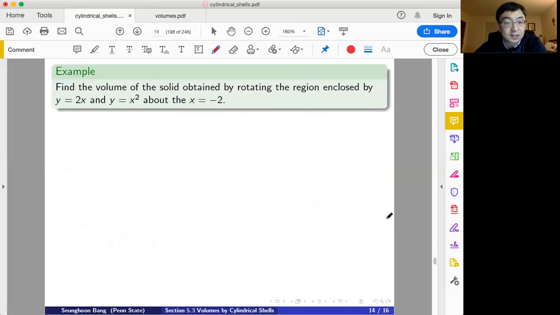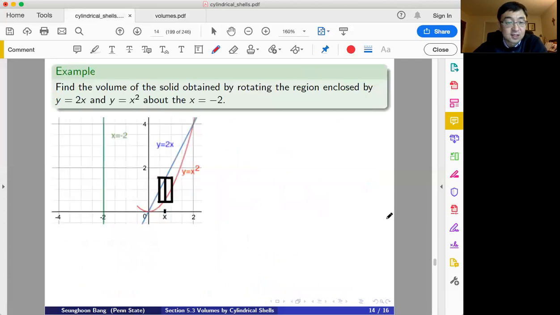The next thing. You can rotate about x equals -2. How can you do that? Same graph. The only difference is x equals -2 is the rotating axis. The rotating axis is a vertical line, so you can use the cylindrical shells method. You can choose x here and make a rectangle.